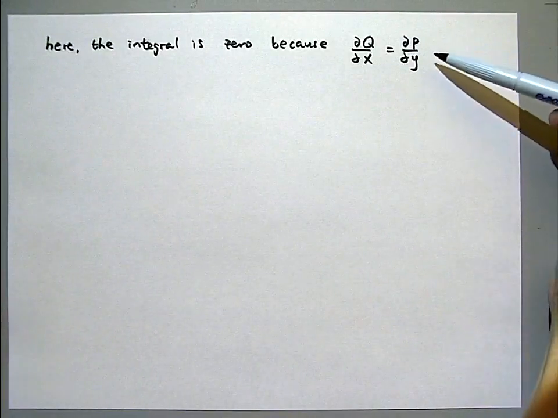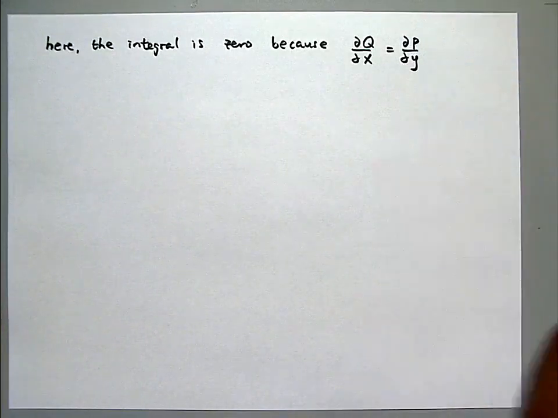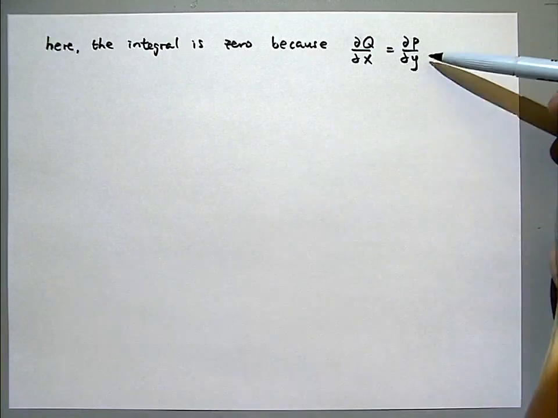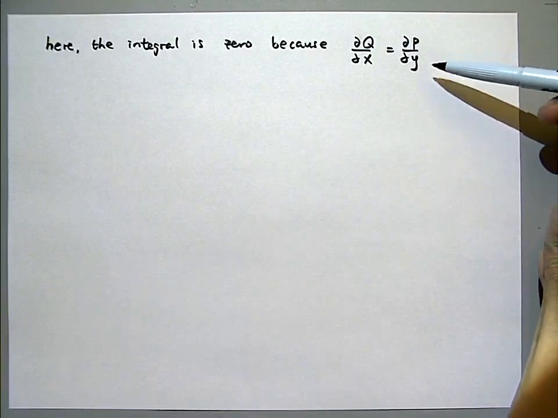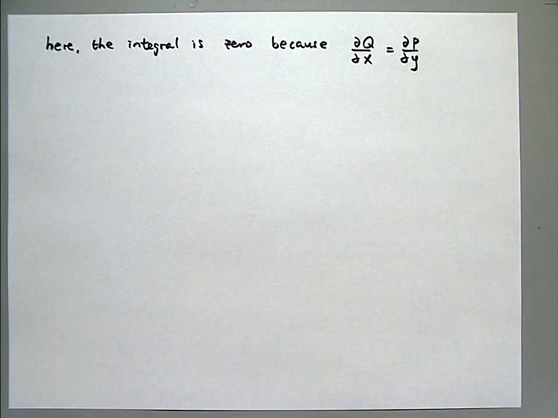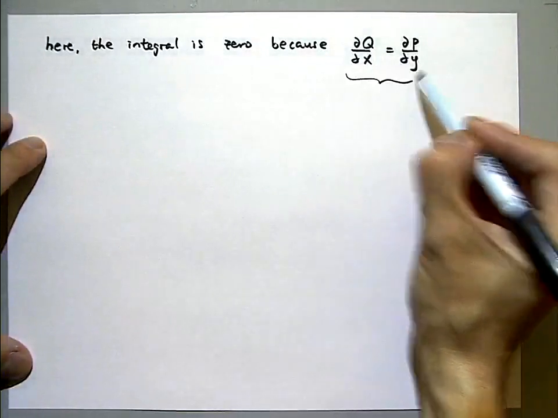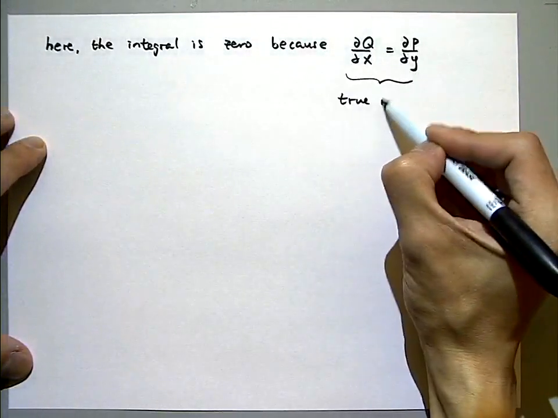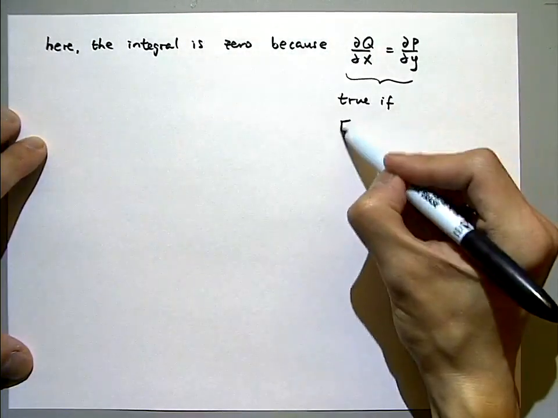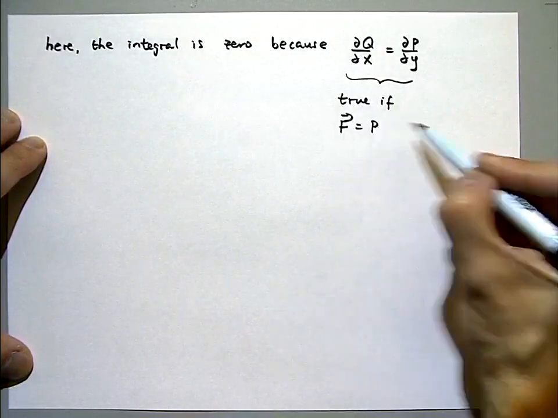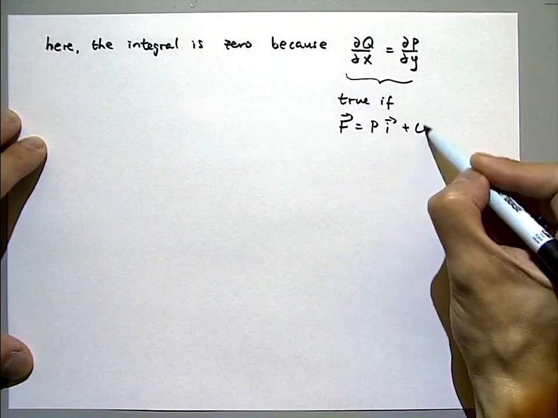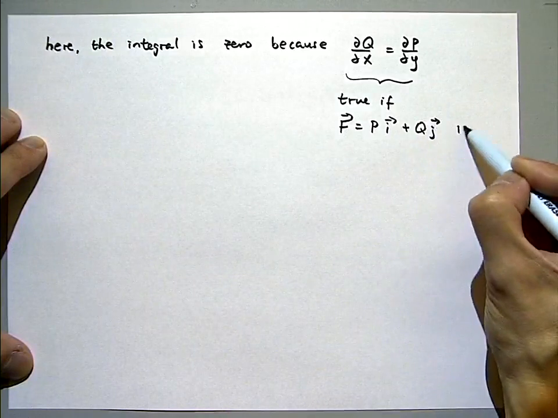What does this mean for the vector field if this is true? Do you remember? Say it again. Conservative, very good. This is true if the vector field p i plus q j is conservative.